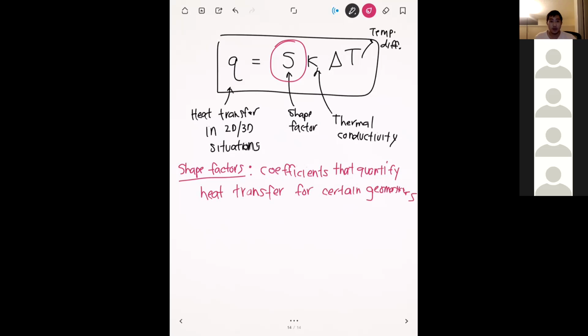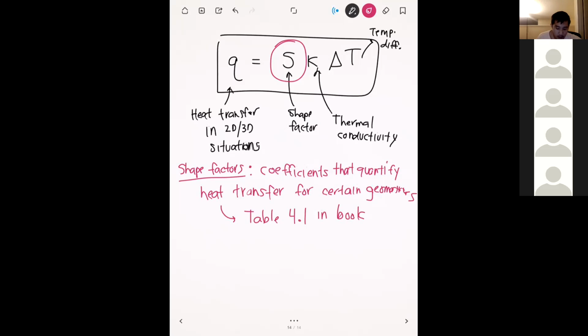Okay. And so where you would look it up is that you can look these up in a table. Okay. And specifically in the textbook, this table is going to be table 4.1. Okay. And I'll show you what that looks like after this.